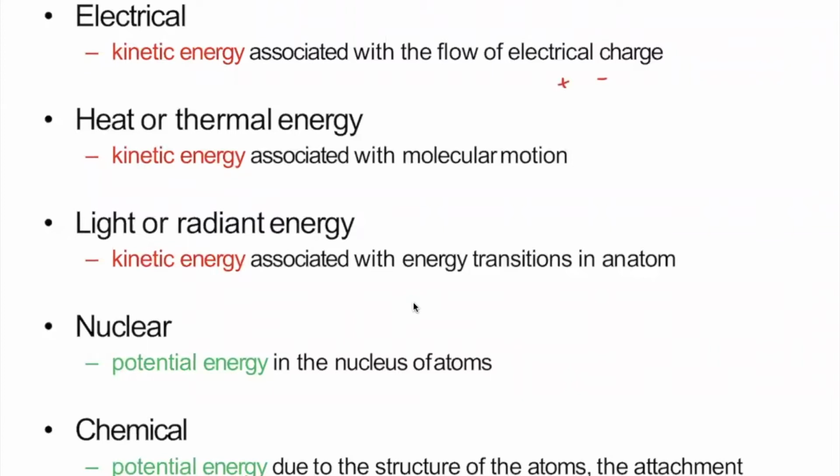Nuclear energy, which is potential energy associated with the energy in the nucleus. Then we have chemical energy, which is potential energy due to the structure of the atoms, the attachment of the atoms' positions relative to the molecule. These are just different forms of energy that it will be very helpful for you to become familiar with.